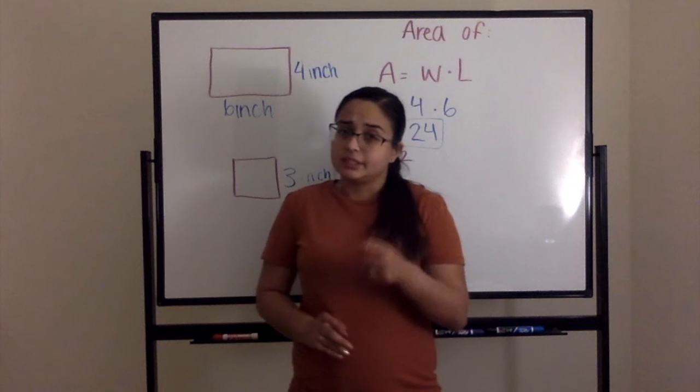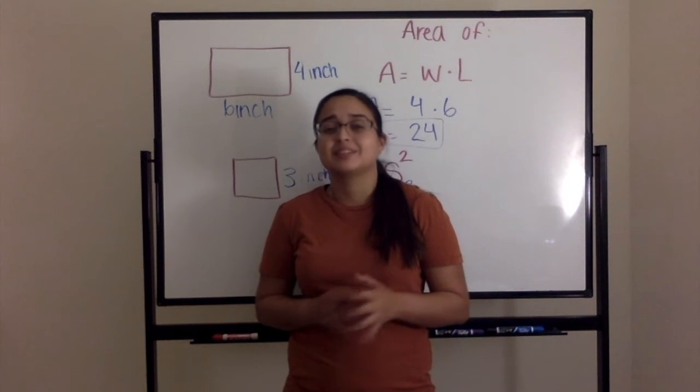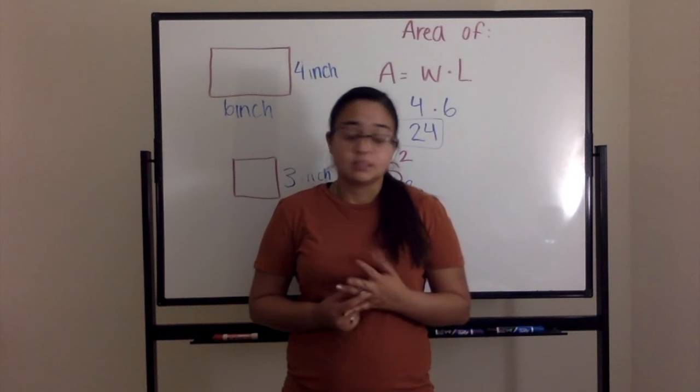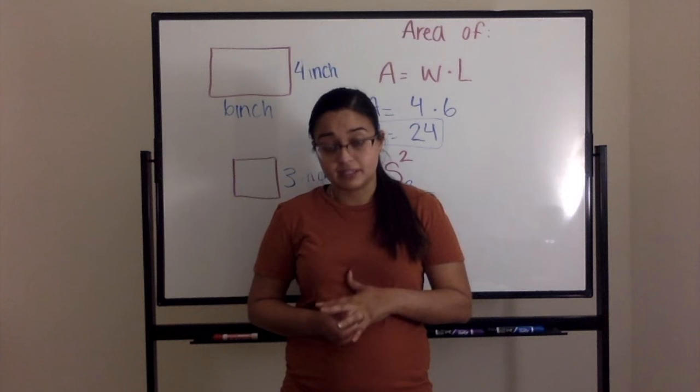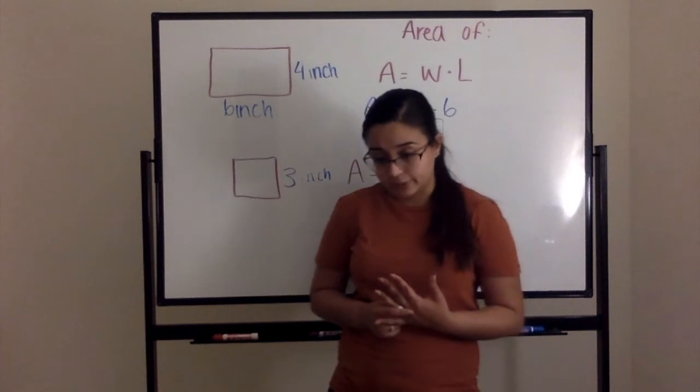Now, what I want you guys to do, if you are able to, is take a measuring tape or something to measure with if you have any at home, and measure something that is a rectangle or a square.